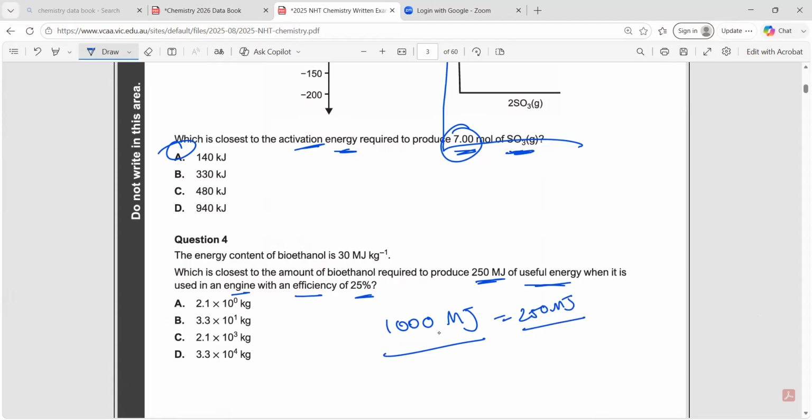So it's 250 divided by 0.25, which leads to 1,000 millijoules. Then we do 1,000 divided by 30, which is like 33. So it'd be 4B.